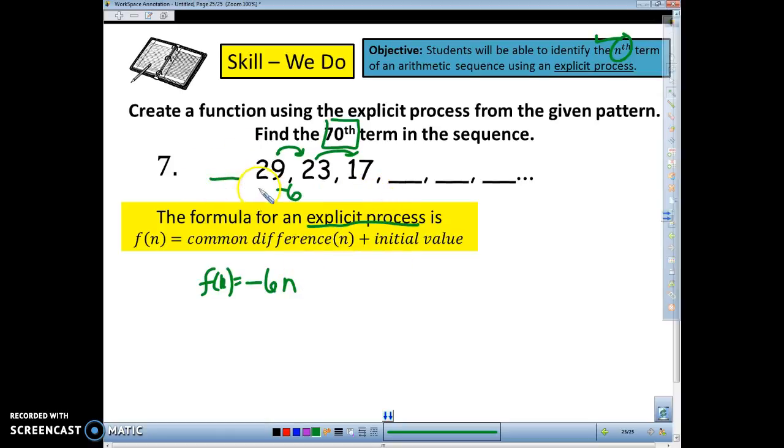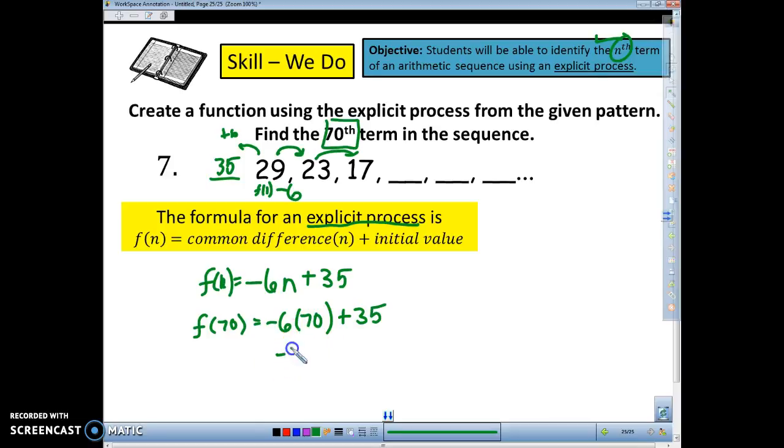So if this is f of 1 here, going backwards, and this time adding 6, I would get 35. So f of n equals negative 6n plus 35. Now, if I want to find the 70th term, all I do is evaluate the function at 70. So I have negative 6 times 70 plus 35.